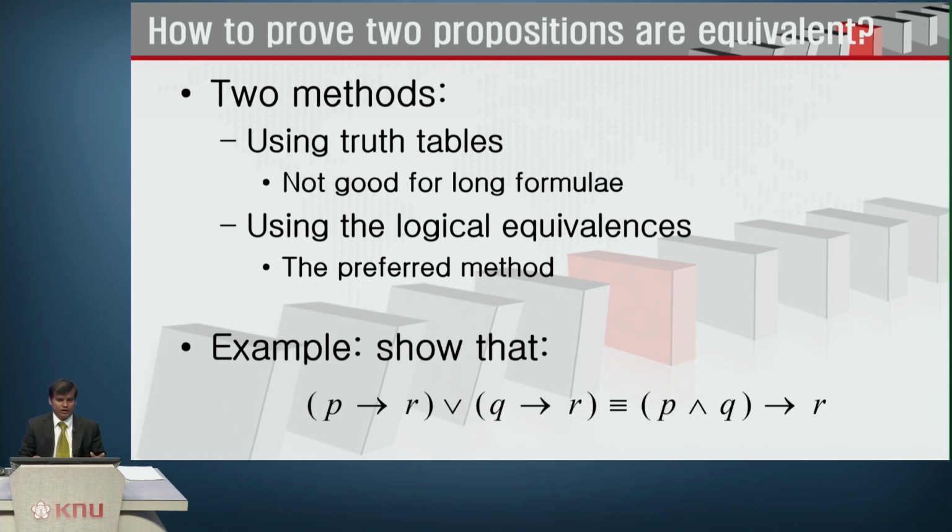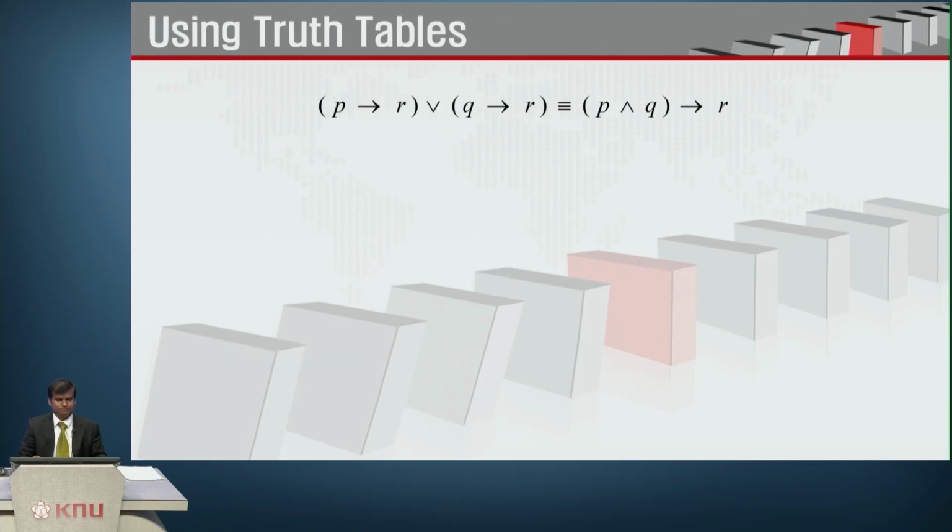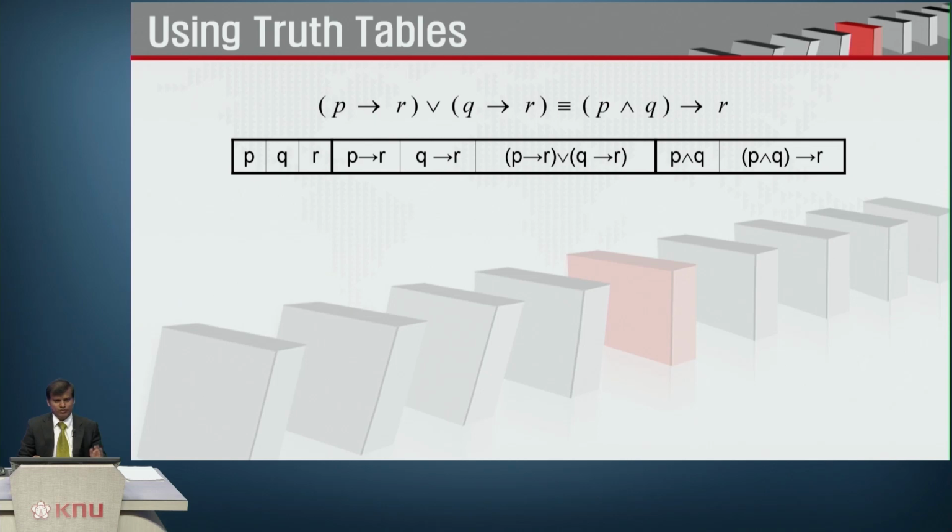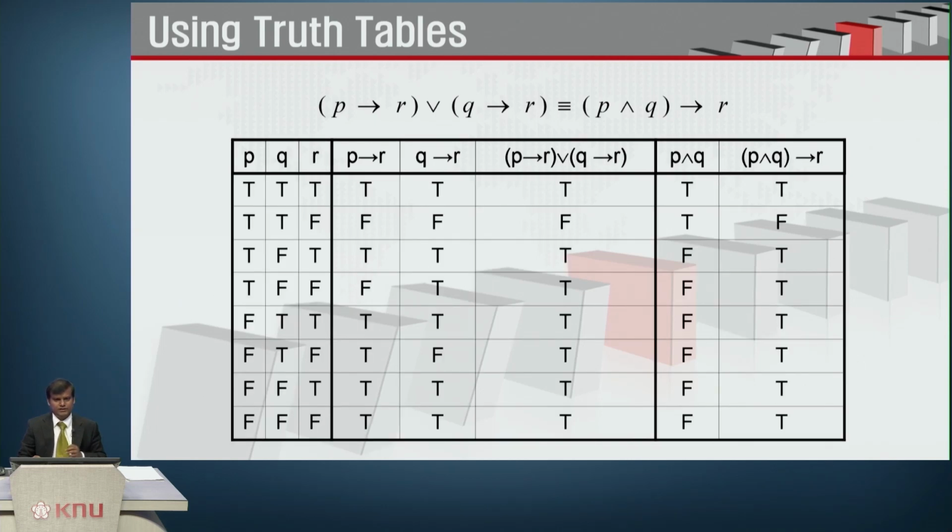So let's start with an expression here. P implies R or Q implies R is equivalent to P and Q implies R. So this is the given expression. Let's do it by means of a truth table. P, Q, R, the three inputs are taken. Then you have P implies R, Q implies R in the truth table.